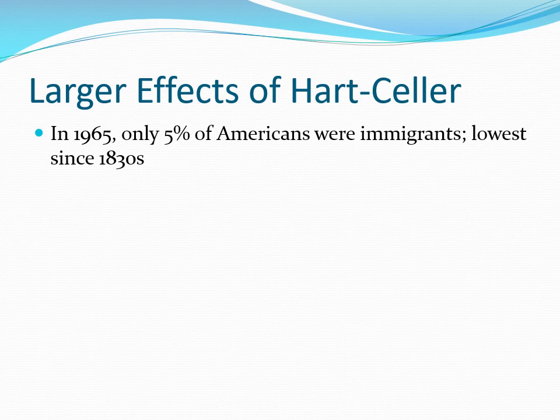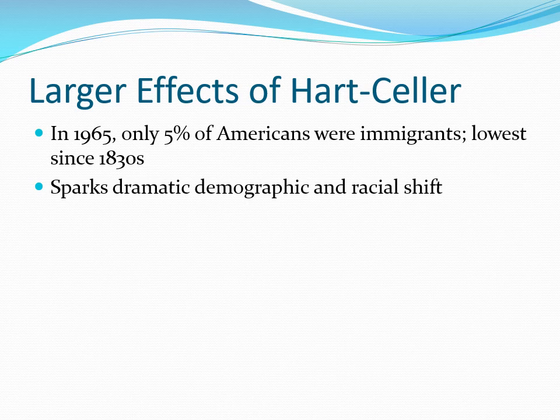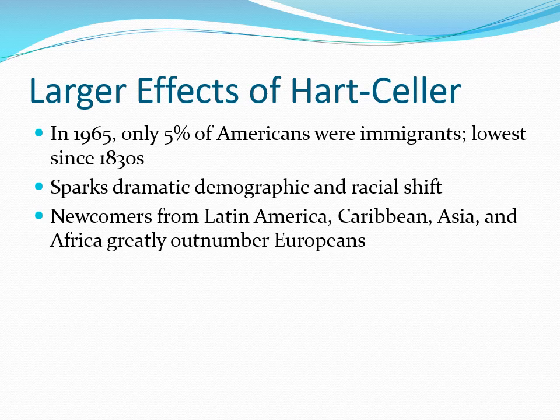But in 1965, we had gone back to that period before the 1830s with this very, very small population of foreign-born immigrants. But then, in 1965, we open our borders anew, and people come. But the people who came after 1965 came from a part of the world that hitherto had not been a major source of immigration to this nation.